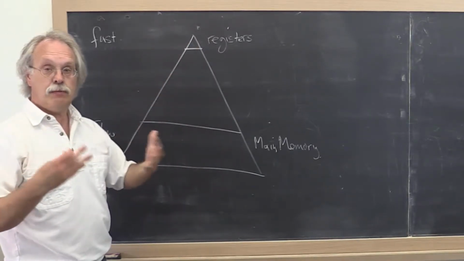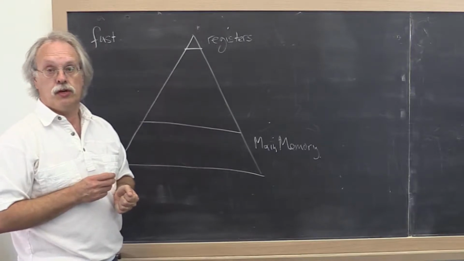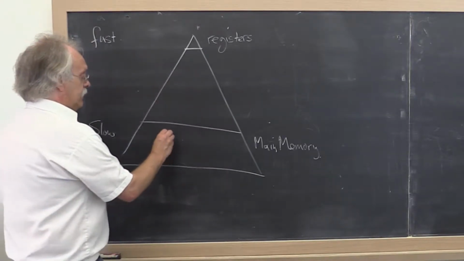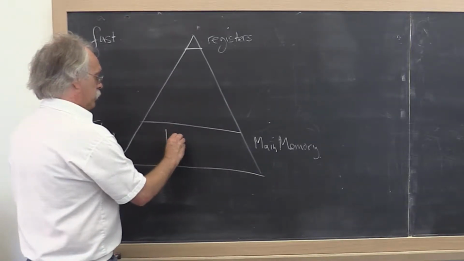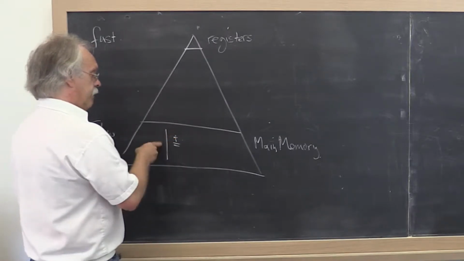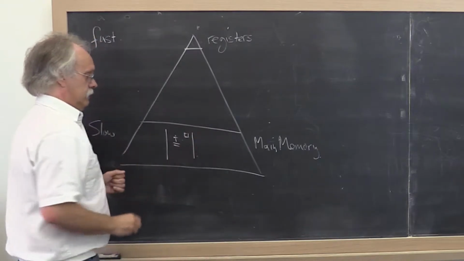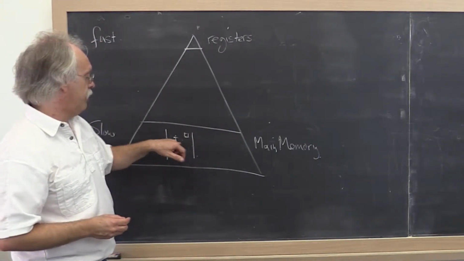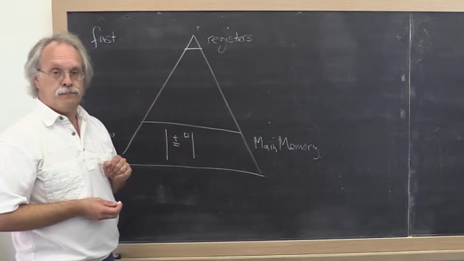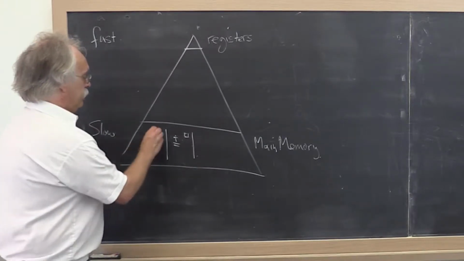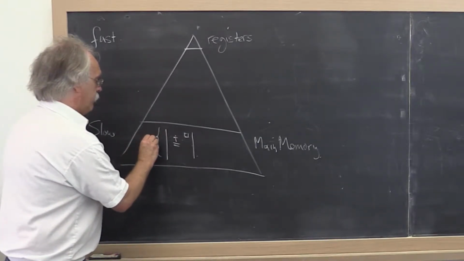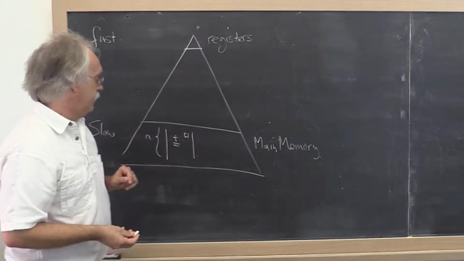Now let's take a typical operation that we ran into during the course. Let's say that we want to do an AXPY operation, which we will indicate by a vector y plus equals some scalar times a vector x. So we're going to take a scalar times a vector and add that to the vector. If this vector is of size n, then of course this vector is of size n.